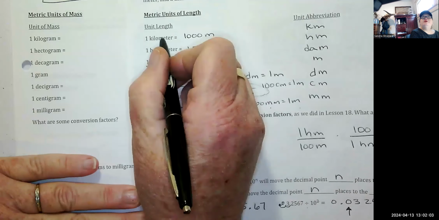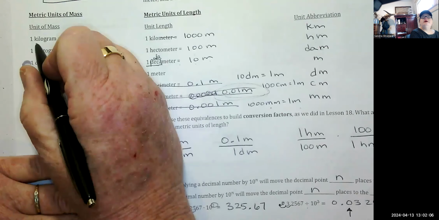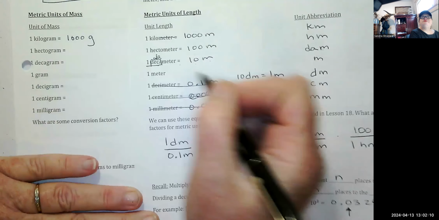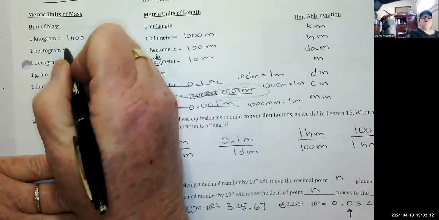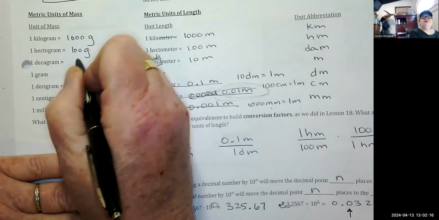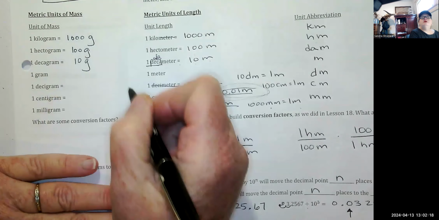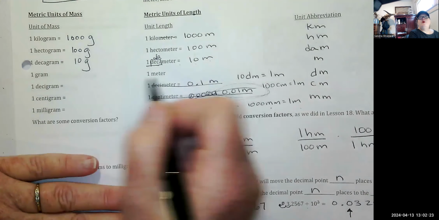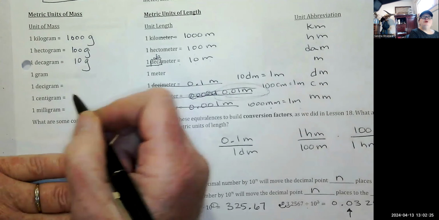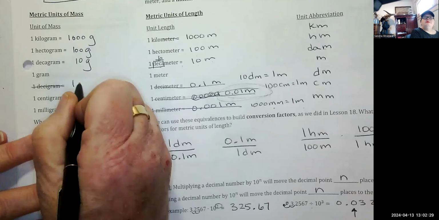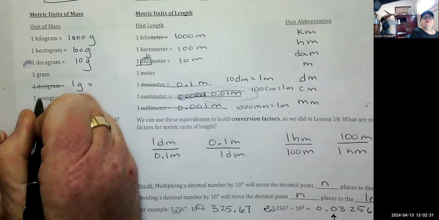So instead of meter, we now have gram, and so 1 kilogram is equal to 1,000 grams. 1 hectogram is equal to 100 grams. 1 decagram is equal to 10 grams. And we got the gram. 1 decigram is equal to 0.1 gram, but we don't want to use that conversion. So I'm going to use 1 gram is equal to for each of these.